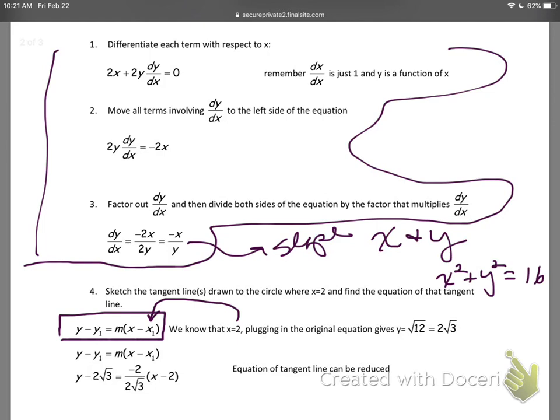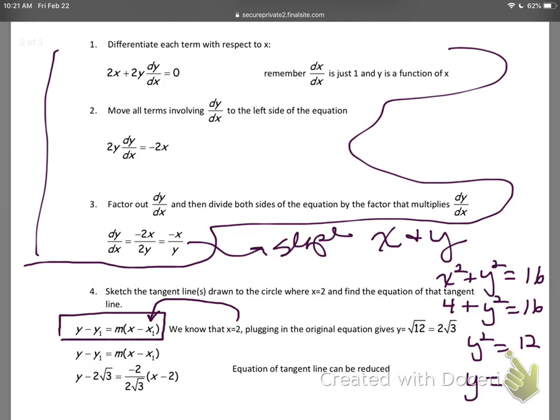So to get my y, I'm going to plug in my x. So my x is 2. So that's going to end up being 4 plus y squared equals 16. So y squared equals 16 minus 4, which is 12. So y is going to equal radical 12.